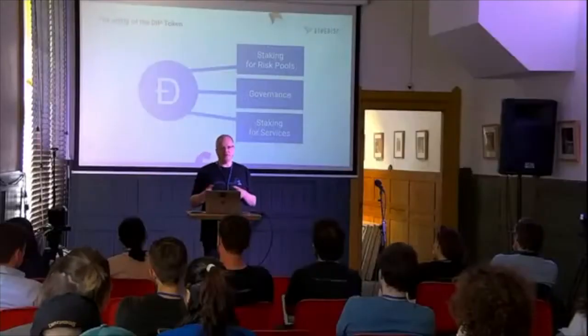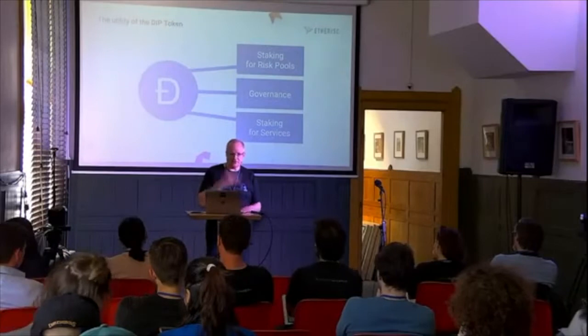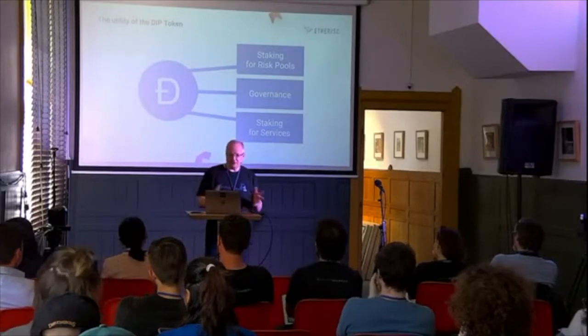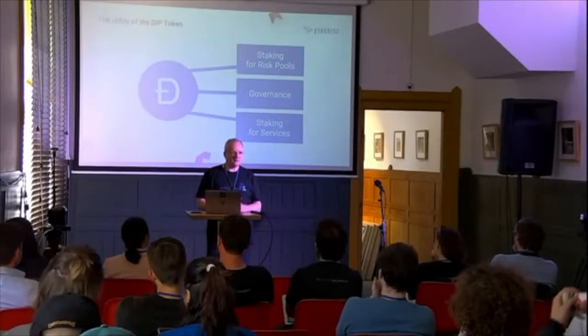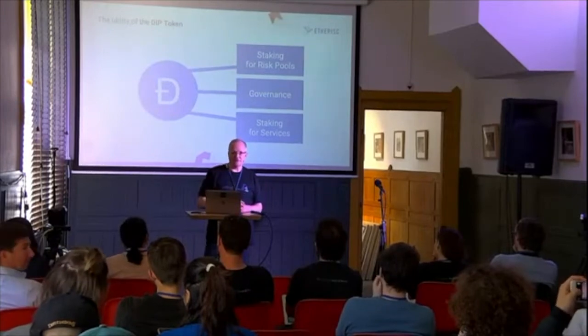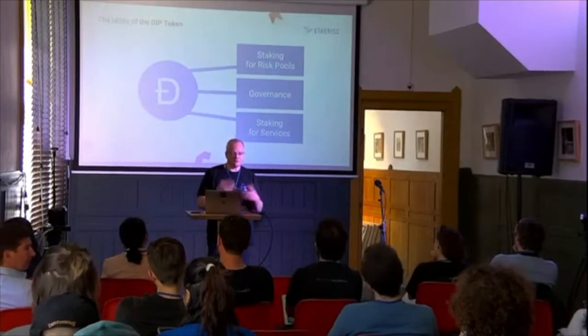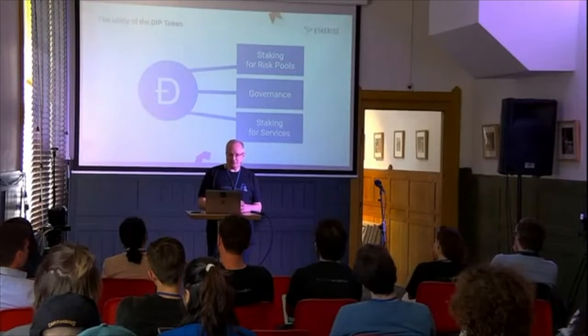So, for example, if there is already a flight delay insurance, then the DAO could decide that we would not like to have a second competitive insurance of the same type on the same instance. But of course, you could also launch a different instance and launch your own product. So it's not really restrictive, but people who run an instance of the GIF should have something to say about what's happening on their platform.